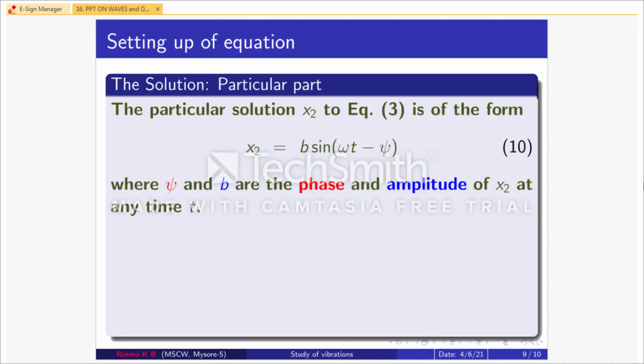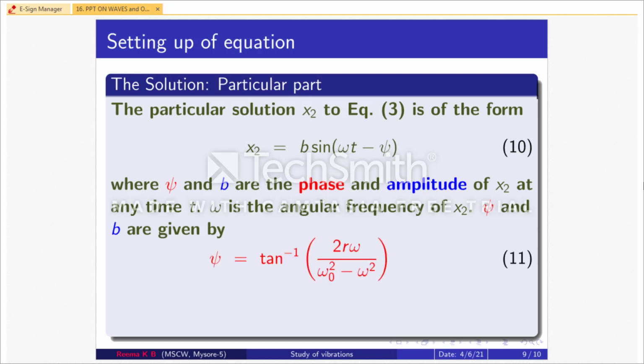Now let's find the solution for the particular part. The particular solution x2 to equation 3 is of the form x2 = b sin(ωt − ξ). Let's consider this as equation 10, where ξ and b are the phase and amplitude of x2 at any time t. ω is the angular frequency of x2. ξ and b are given by ξ = tan⁻¹[2rω/(ω0² − ω²)].